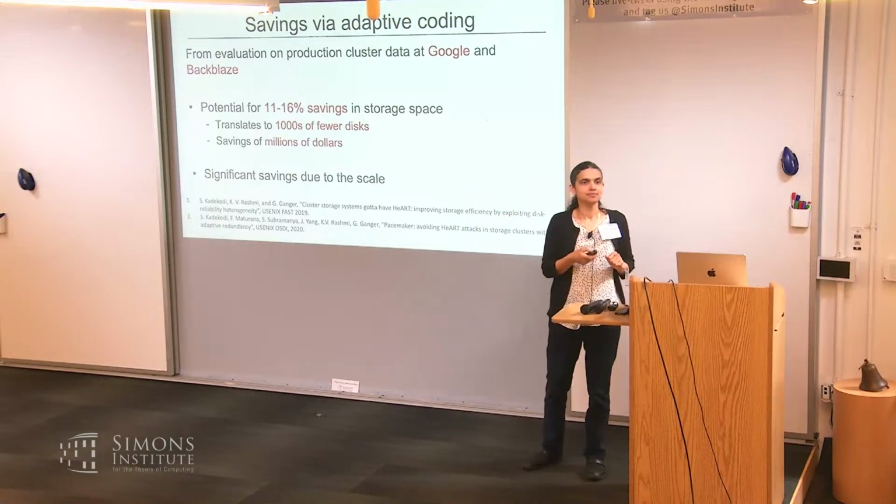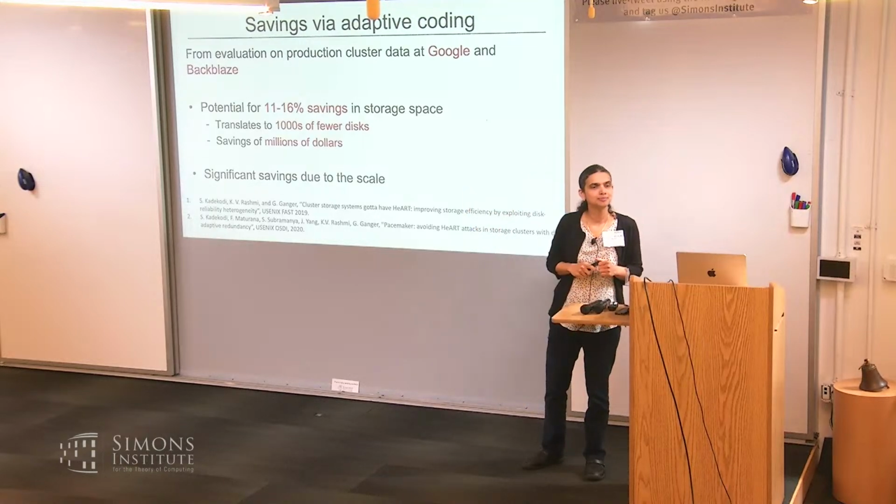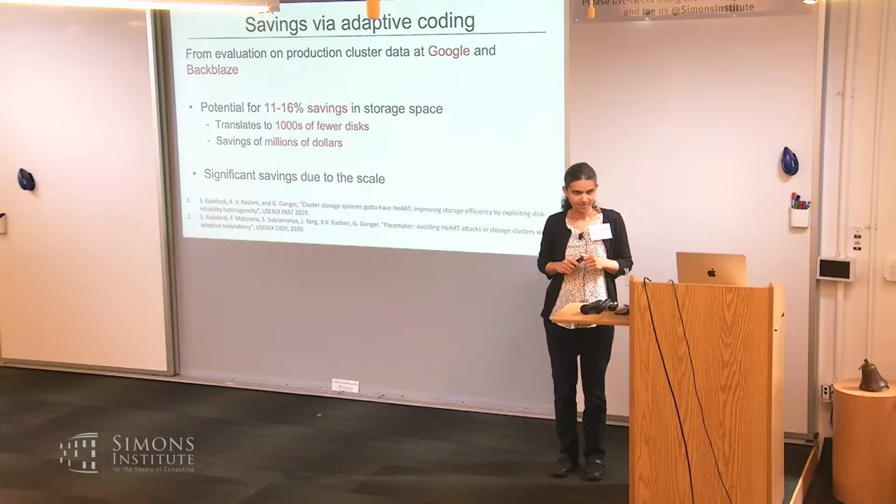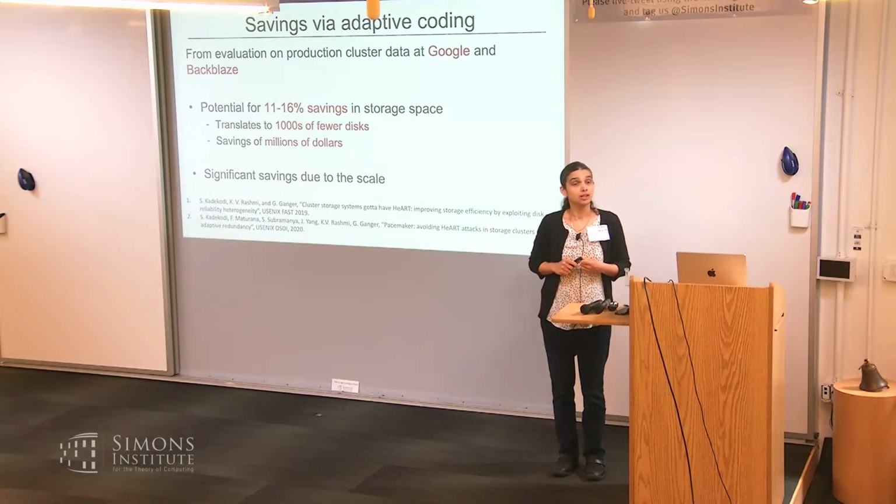If you want to update something, you have to update all the parity. Yes. I suppose that's not a major issue because the read traffic is dominating, and not the write traffic. Yes, absolutely.